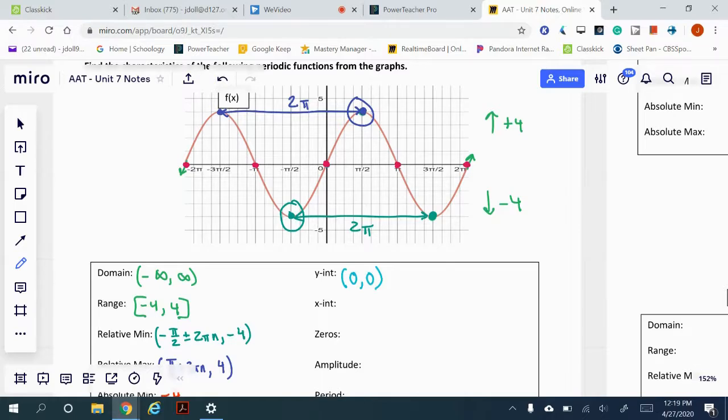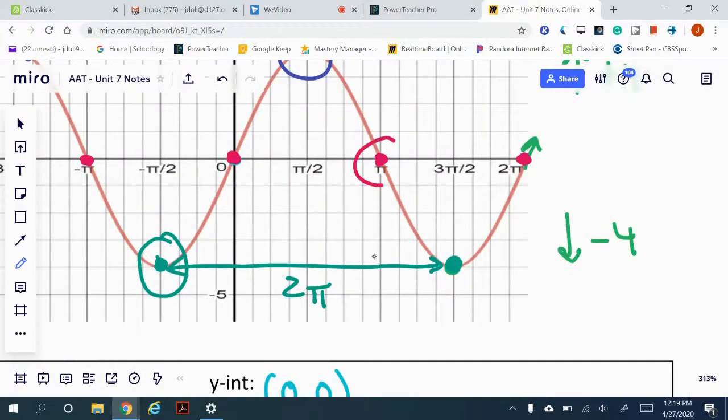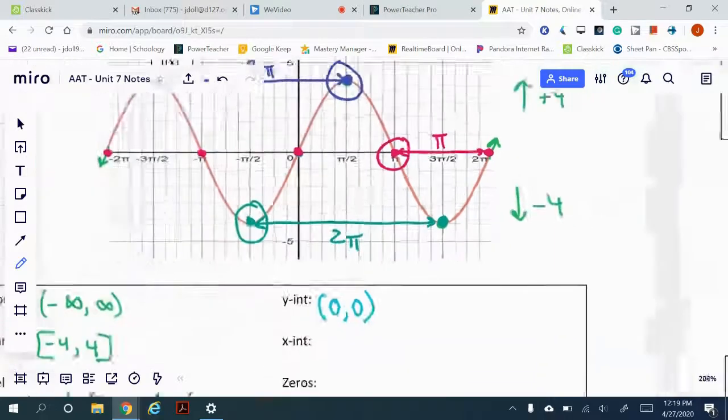We are going to describe our x-intercepts the exact same way we did our relative max and mins. We're going to start at 1. So I'll start at pi here, and you can see the distance between one x-intercept and another x-intercept is pi units. Either way, if I go to the left or the right, it's pi units.